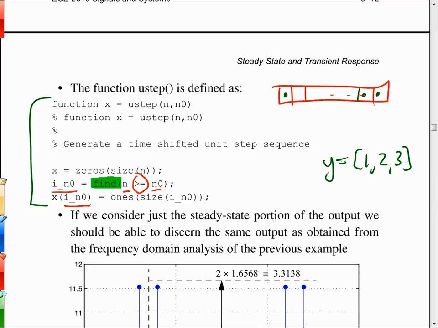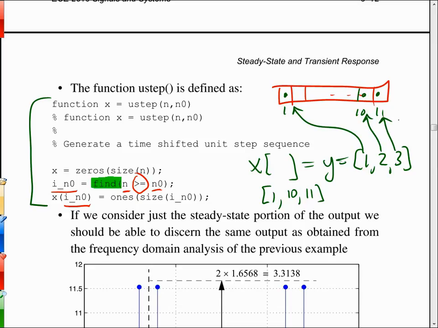So if I put y on the right side and x on the left side, and I put a vector containing those three indices inside of it, which would be, in this case, a vector that contains, say, 1, 10, 11, what MATLAB is going to do is it's going to throw 1 up here in that first index location, 2 is going to get pushed onto there, and 3 is going to get pushed onto there. Everything else in the vector x gets left alone.